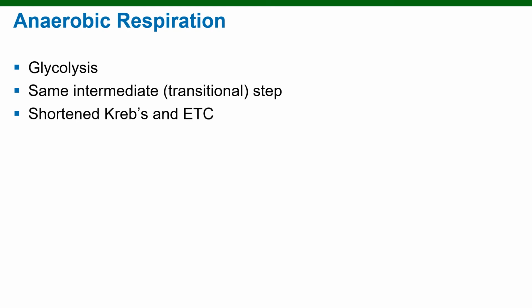Anaerobic respiration, by comparison to aerobic respiration, is mostly similar. It involves glycolysis, and after the glycolytic step, it'll have the same intermediate or transitional step, but the differences begin with a shortened or stunted Krebs cycle, and also an electron transport chain that may be abbreviated to some extent as well.